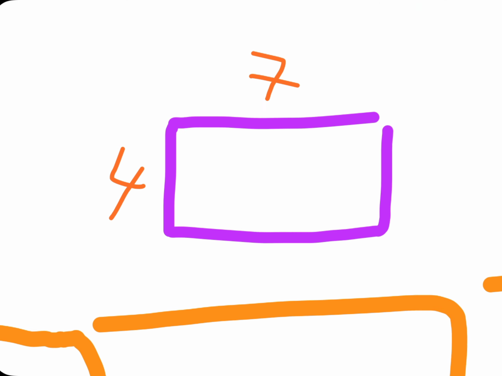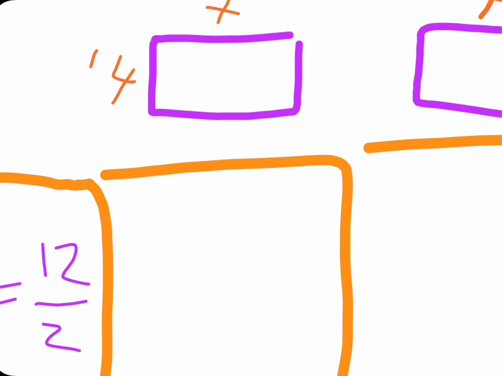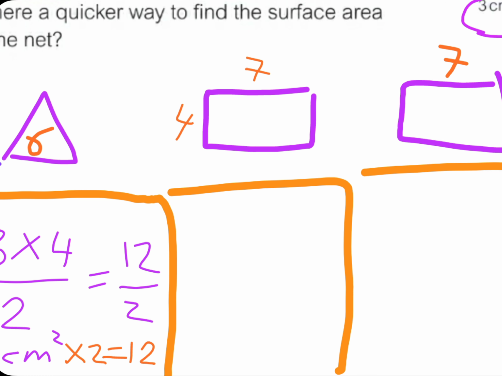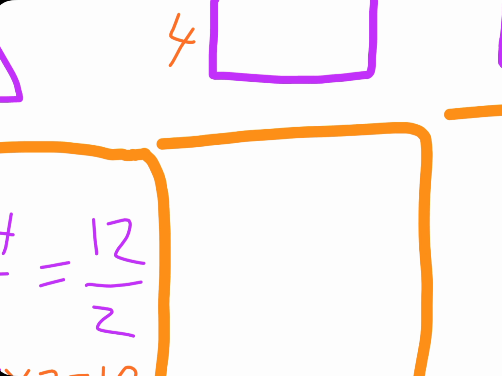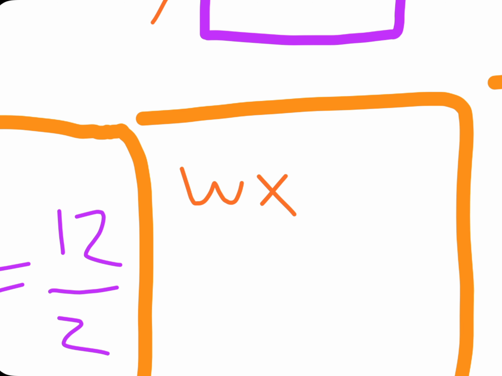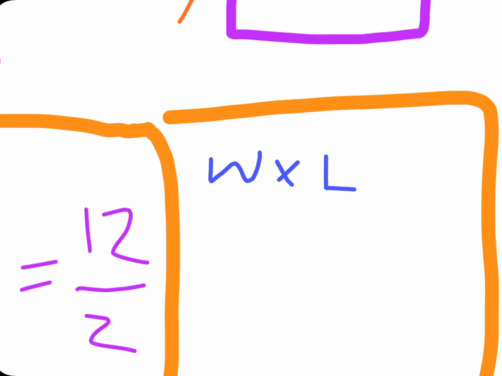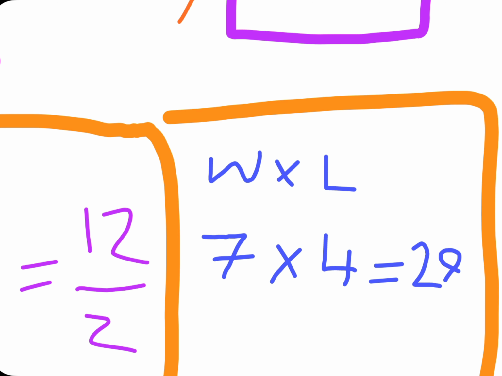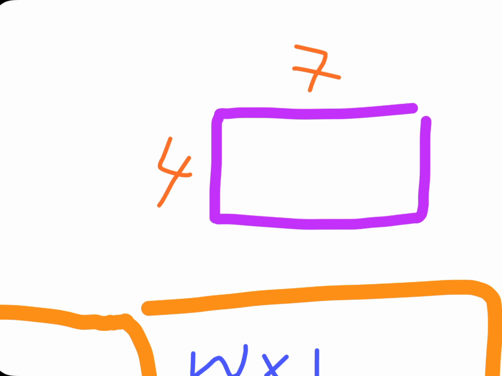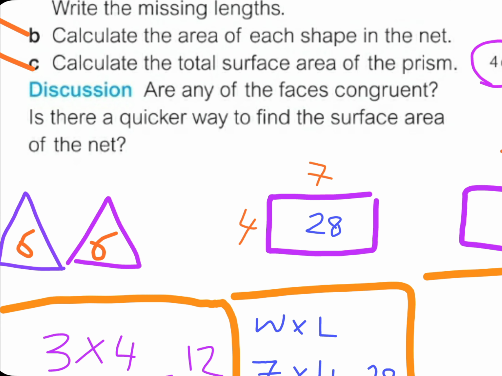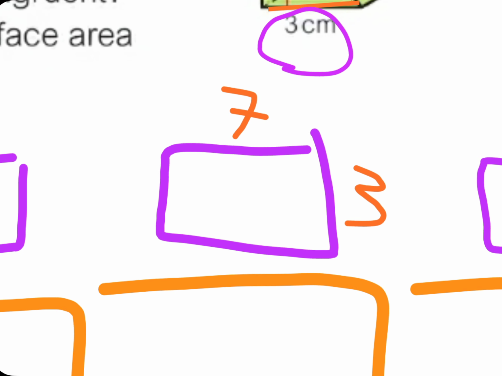Now let's talk about this rectangle. With rectangles, what is the surface area or the area? Very good. It's width times length. So it's 4 times 7 equals, very good, 28. So this rectangle is 28 centimeters squared. Very good. And then we go to the next one.